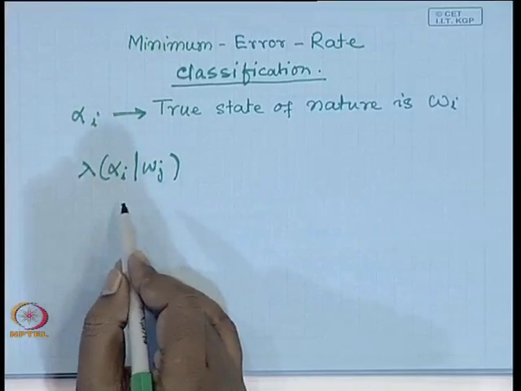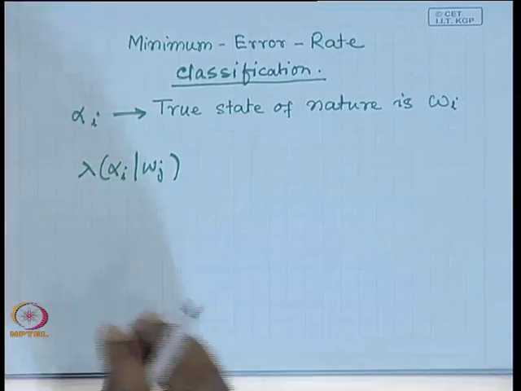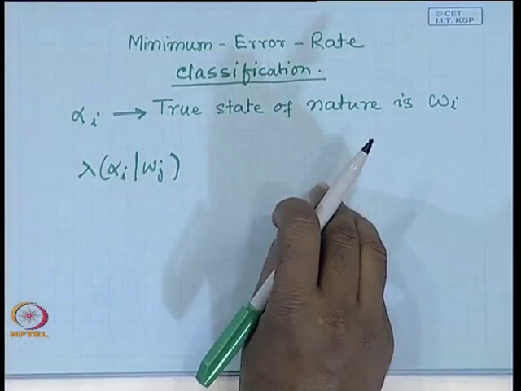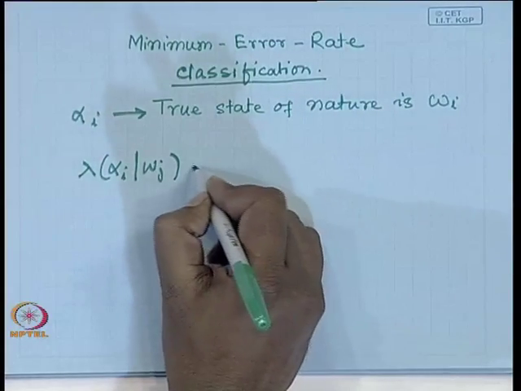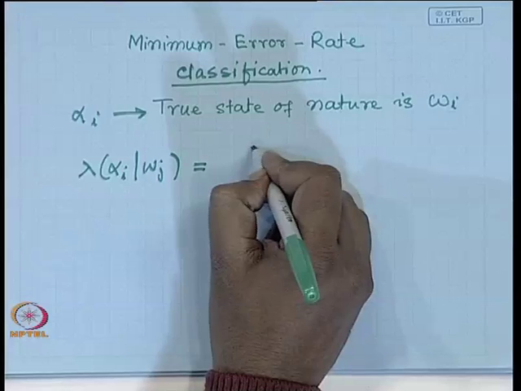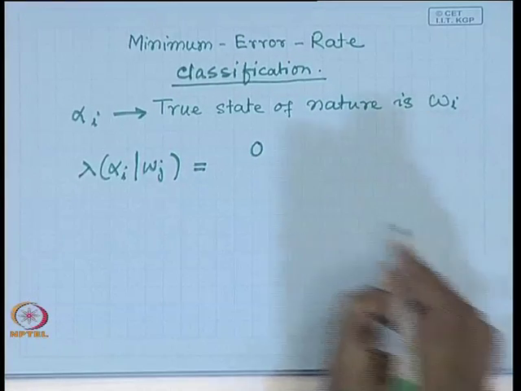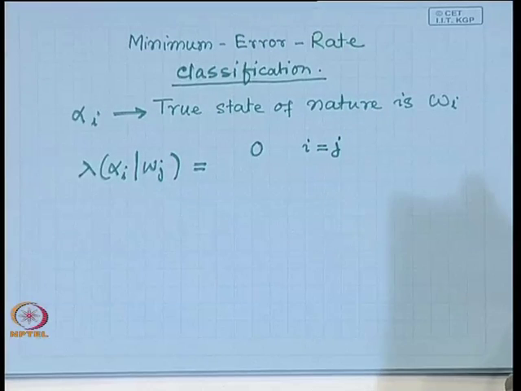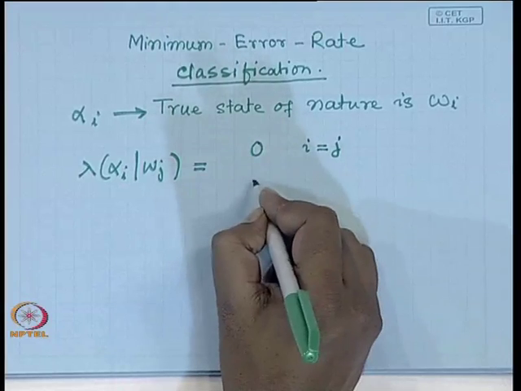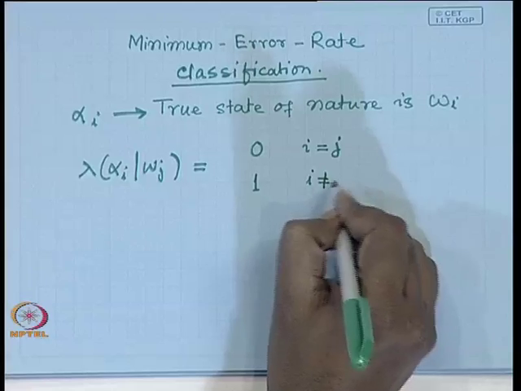Okay. As I said, if my decision is correct, that means I take action alpha i and the true state of nature is also omega i, then ideally I should incur 0 loss. So, I define this loss function lambda alpha i given omega j to be equal to 0 whenever i is equal to j, that means I am taking the correct decision. And I make the loss function equal to 1 whenever i is not equal to j.